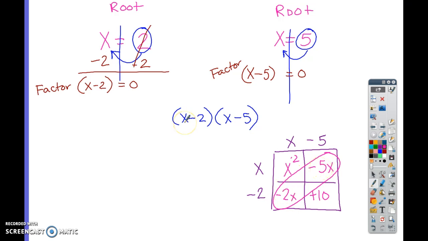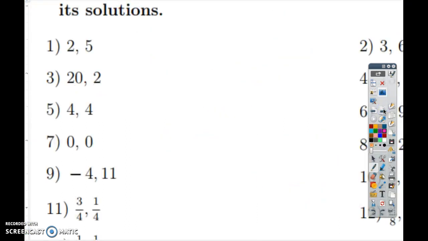So when you multiply these two, your answer is x squared minus 7x plus 10. And that is the answer that you put next to the roots in your equation. So right here, next to this one, you would say that the equation is x squared minus 7x plus 10.